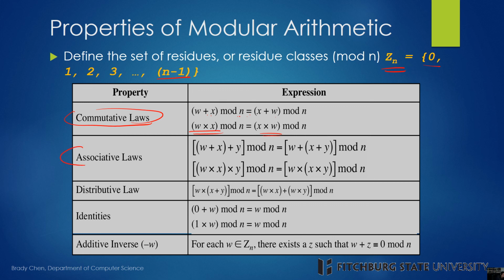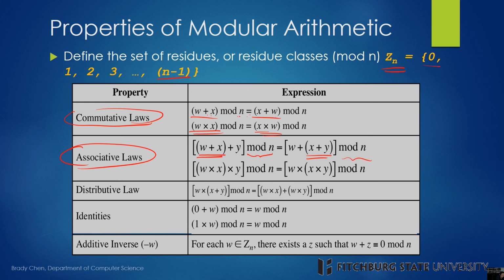This commutative law is generally true with or without mod n. When we say w plus x is the same as x plus w, this is generally true for general arithmetic, but for mod n operations, that's still true. And the same thing with the associative law. So w plus x, in parentheses, plus y: when we do the first plus first, or the second plus first, we get the same result under mod n.